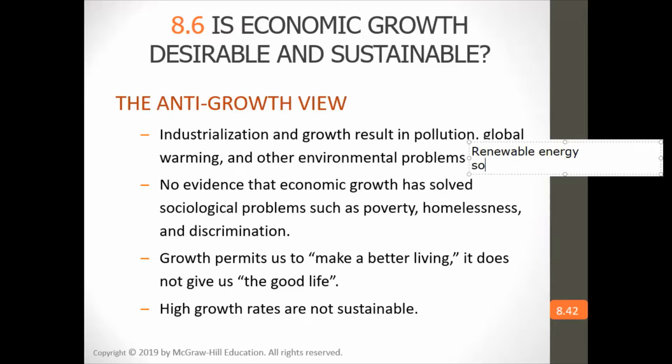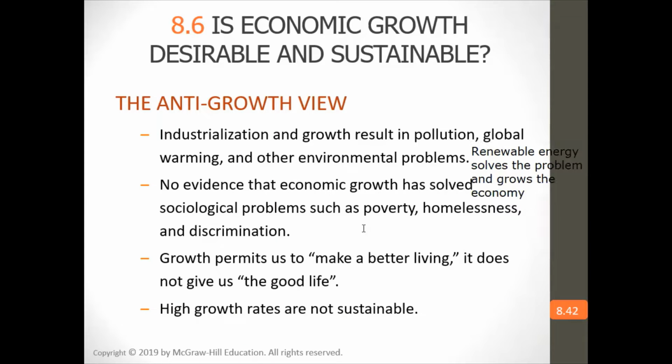It solves the problem and grows the economy. So it does both. And then no evidence that economic growth has solved sociological problems such as poverty, homelessness, and discrimination. That can be curbed once we focus on real GDP per capita.